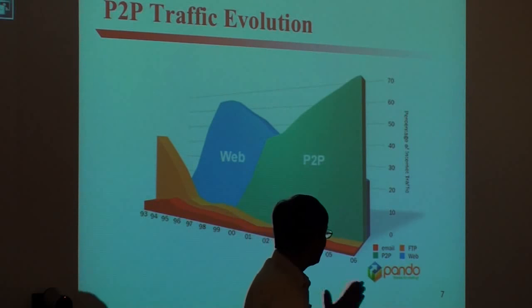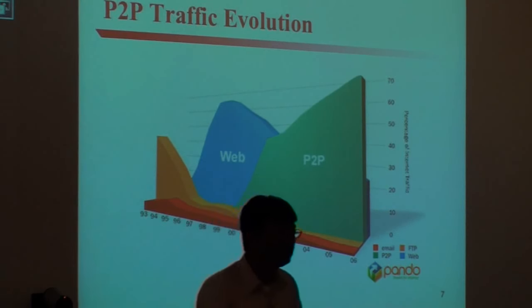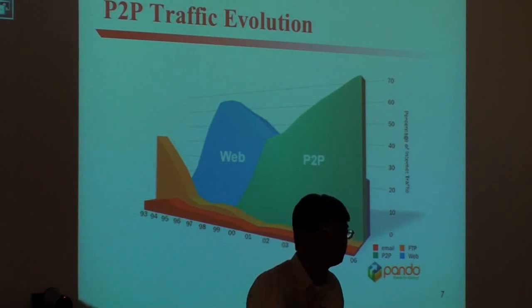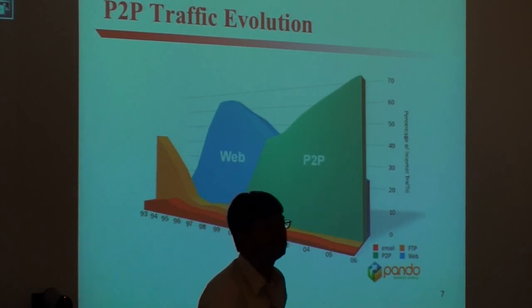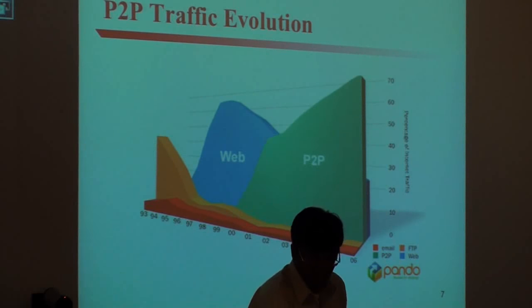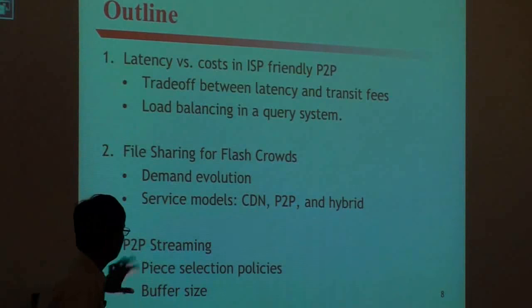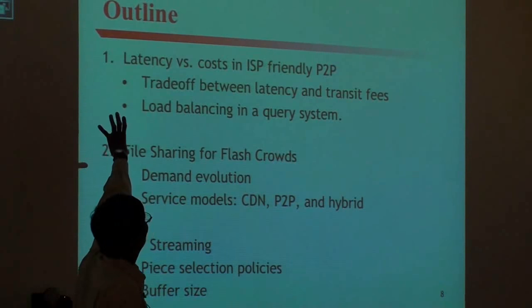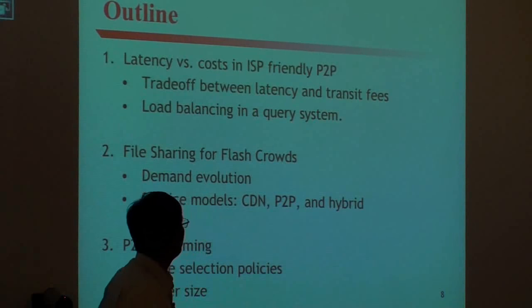So the question, at a high level again, is how do we use a distributed resource, like peer-to-peer servers or multiple clusters in a server farm, to service my requests rather than servicing them in just one location. I'm going to talk about these two in fair detail, and the third one a little less. The first question has to do with latency and costs in so-called ISP-friendly peer-to-peer.